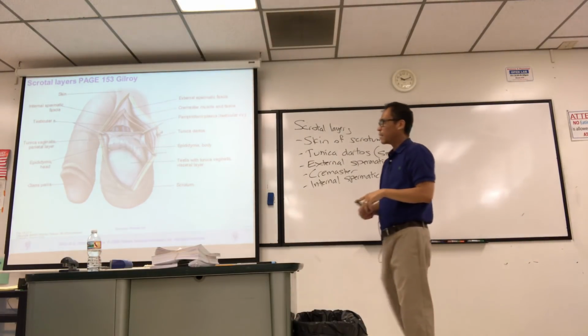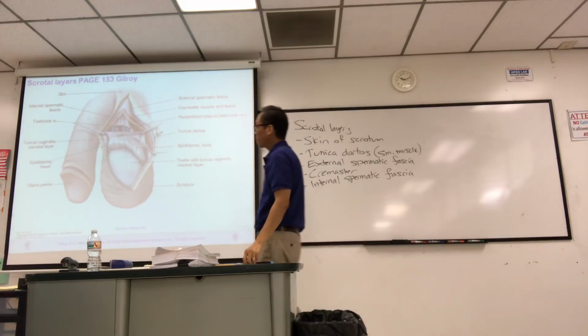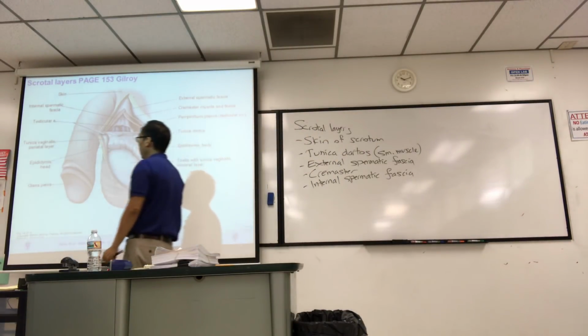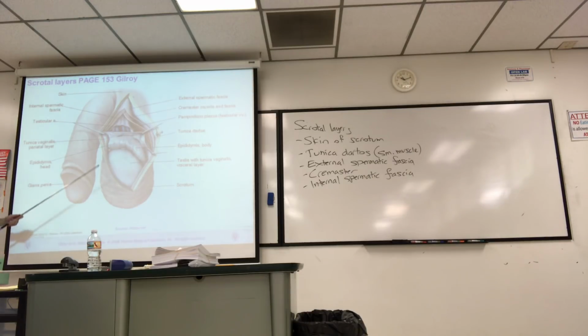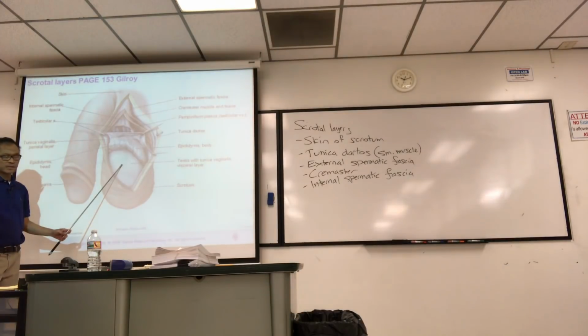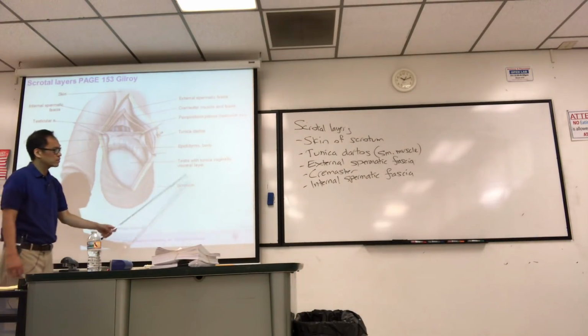If you go right on top of the testes, you have the layer that's derived from the peritoneum, tunica vaginalis. It's a double layer. So if you pull back one layer, that's the tunica vaginalis, the parietal part. The part that's right on the testes, giving a whitish appearance, is the visceral layer.